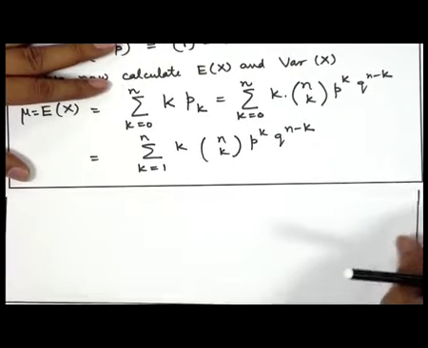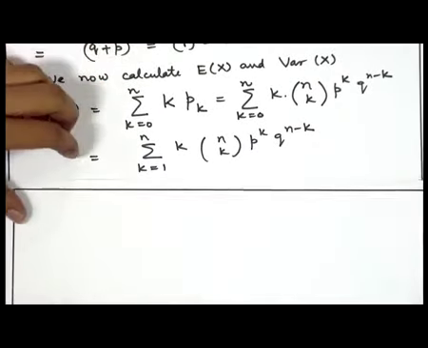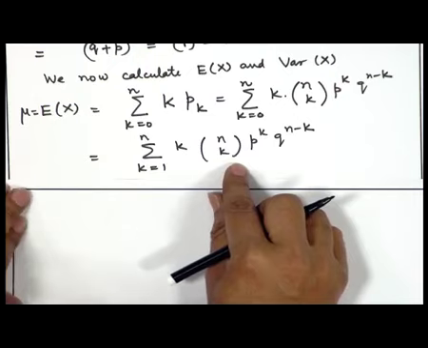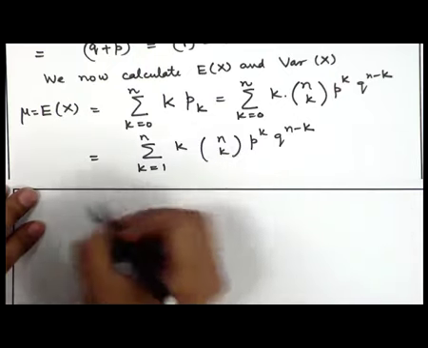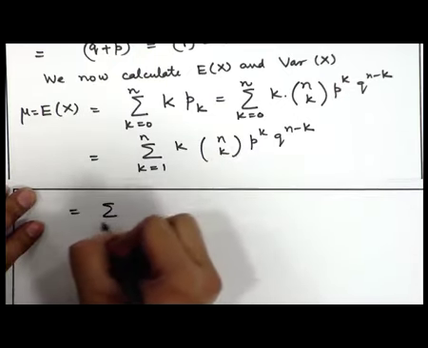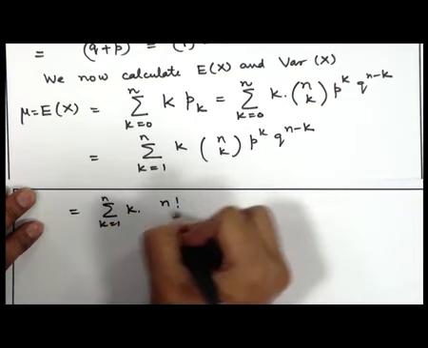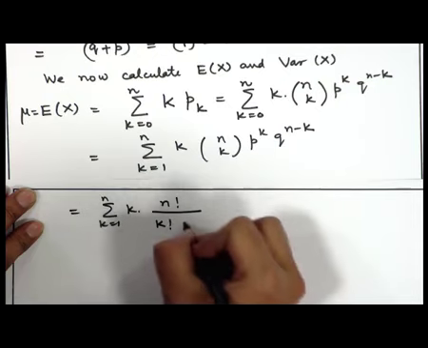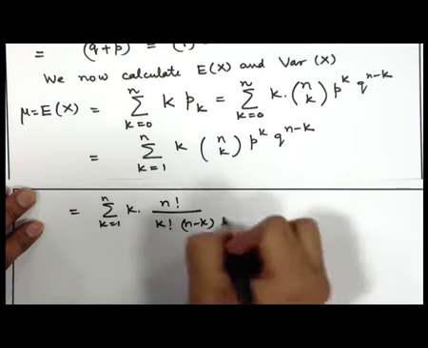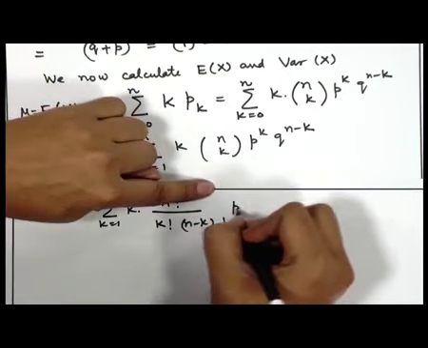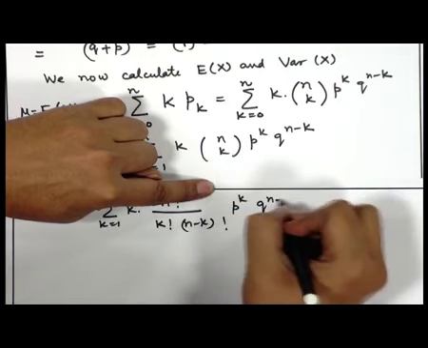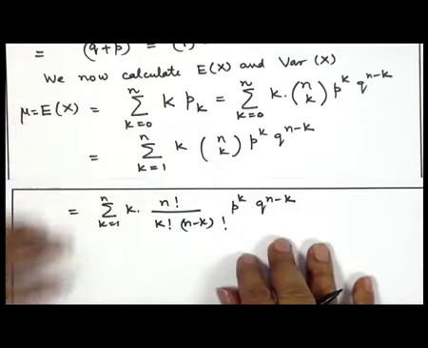In order to evaluate this, we need to expand this permutation combination notation. So, that is equal to summation k equal to 1 to n, k times n factorial divided by k factorial, n minus k factorial, p to the power k, q to the power n minus k.